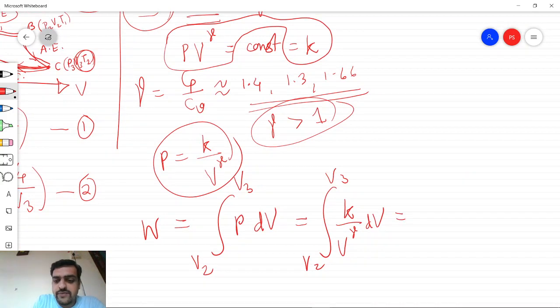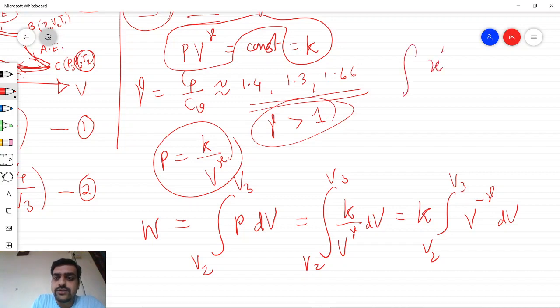Now this can be solved further. K is a constant, so it comes outside the integration. This is V2 to V3, V raised to minus gamma dV. Now we know that the integral of x raised to n dx is x raised to n plus 1 upon n plus 1 when n is not equal to minus 1.